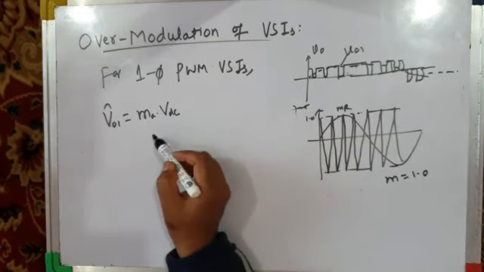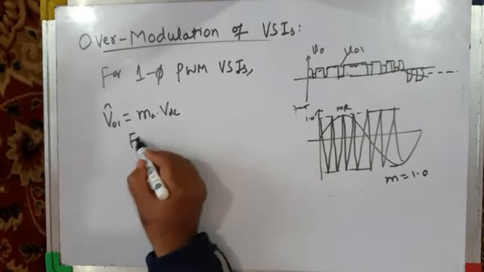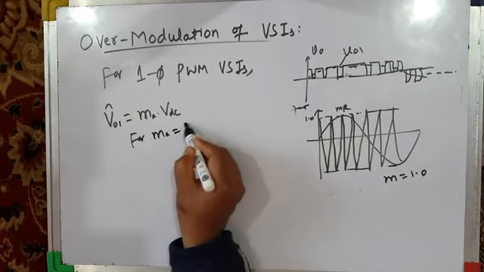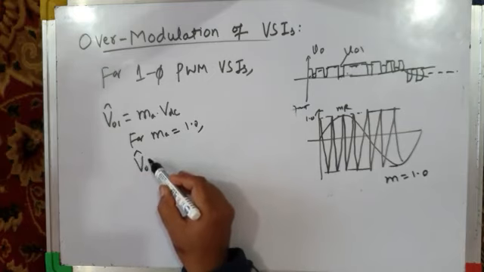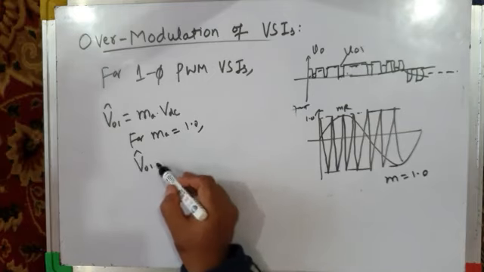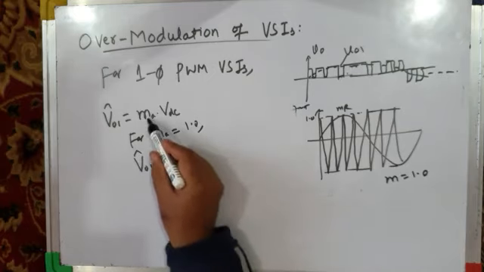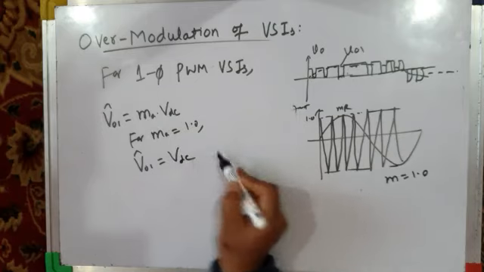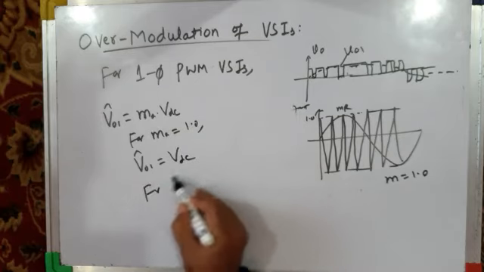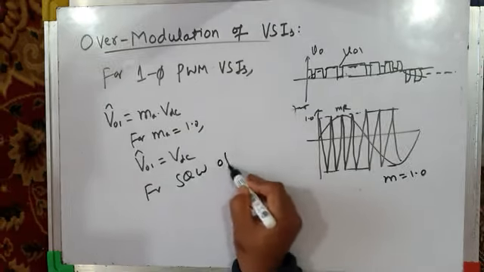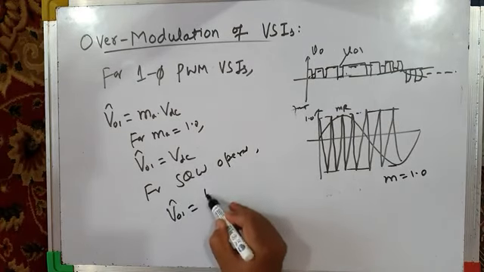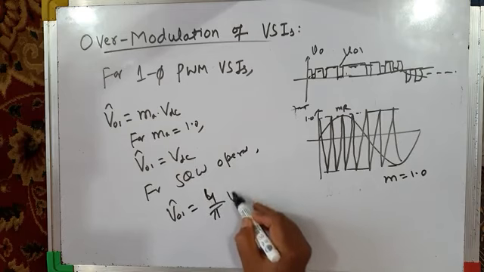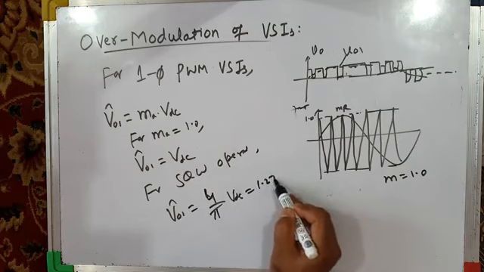For modulation index equal to 1, what is the peak value of the fundamental component of inverter output voltage? It is VDC. Whereas for square wave mode of operation, the peak value of the fundamental component is 4 by pi VDC, which is 1.273 VDC.